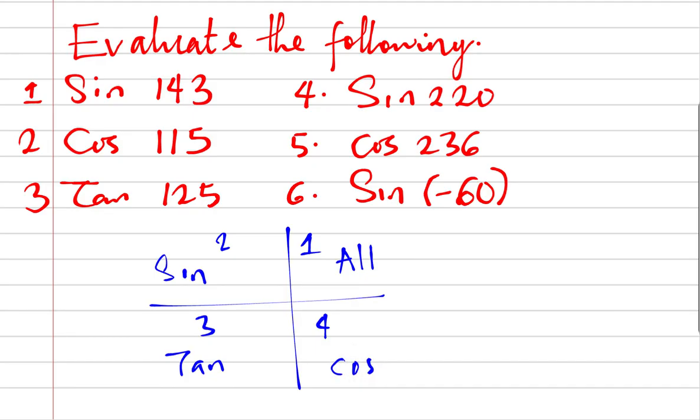Here we have 90 degrees, this is 180, this side is 270 degrees, and this is 360 degrees. Don't forget, it moves in the anti-clockwise direction to give a positive value. So when it is moving anti-clockwise, it is producing a positive answer.